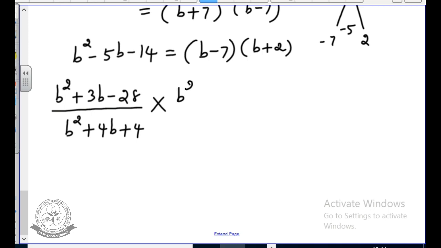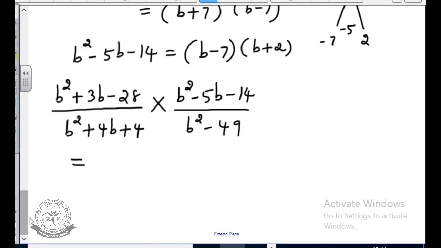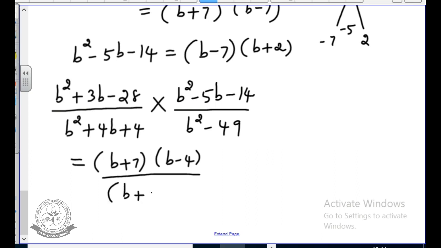So b square minus 5b minus 14 divided by b square minus 49 is equal to b square plus 3b minus 28. What are the factors of this one? b plus 7 into b minus 4, divided by b square plus 4b plus 4, which is equal to b plus 2 into b plus 2.